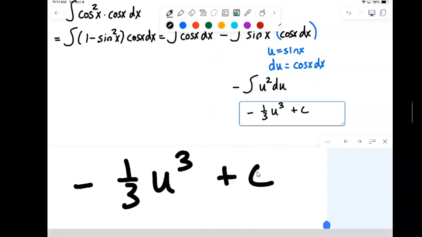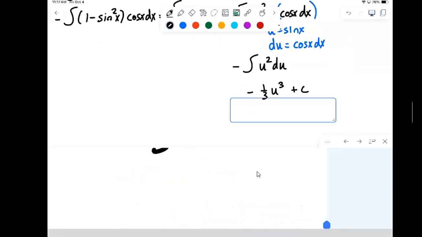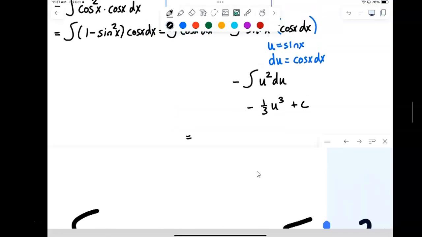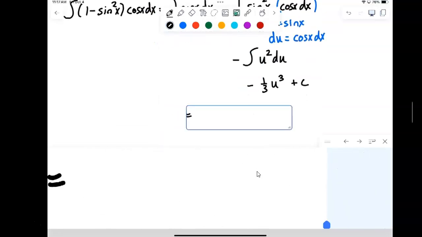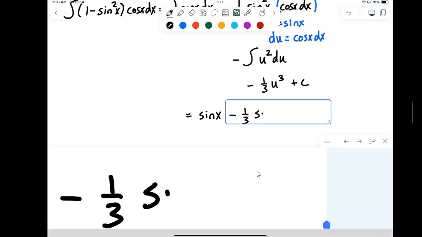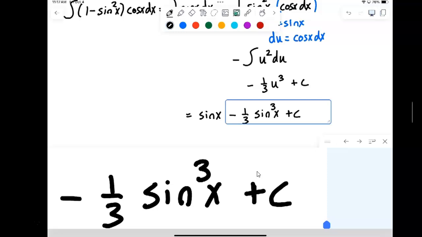And then we substitute back in for sine. So the overall thing now we can actually work out. First one, integral of cosine, is just sine. And then minus 1/3 sine cubed of x plus a constant.